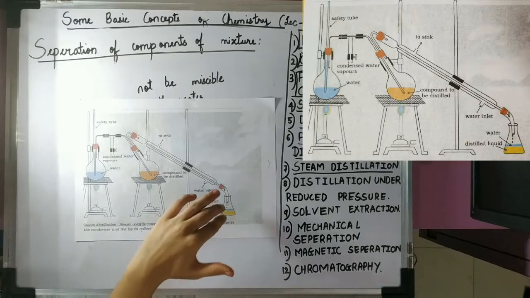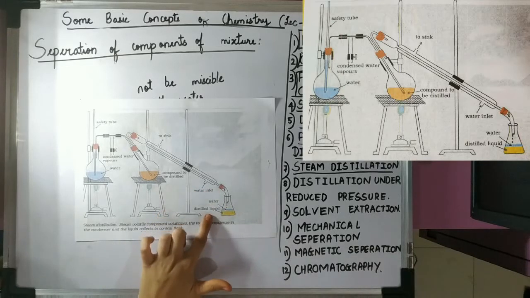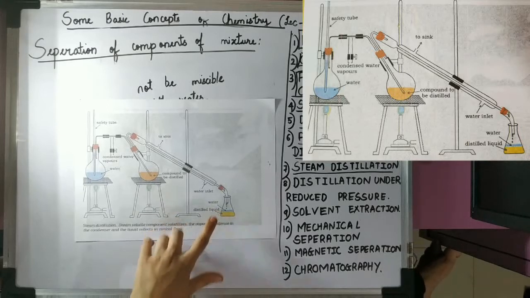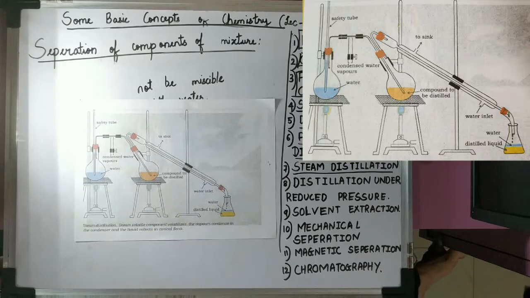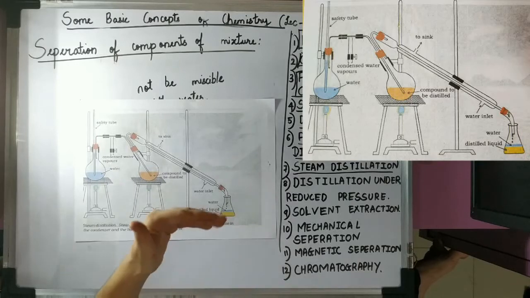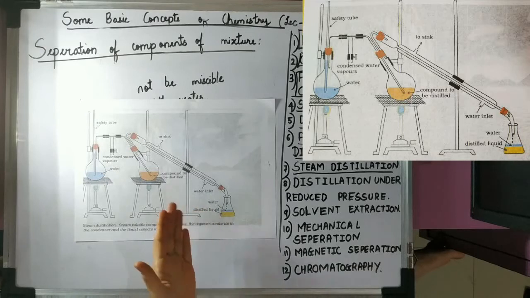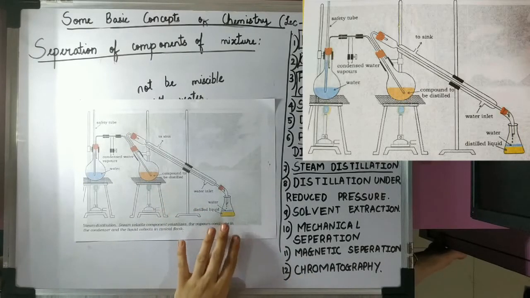Let's say the liquid which we are separating has a higher density, so it will be at the bottom of the mixture, and water has a lower density, so it will be above. There can also be some oils which have a lower density than water, so water would be below and that oil would be above. Now we can just decant this and separate water and oil, right?